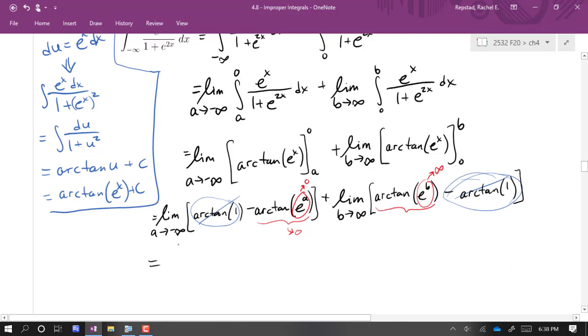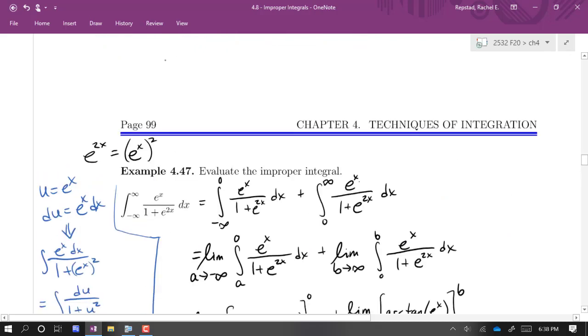So, I'm going to do a little bit of work in the margin up here. We're trying to figure out what happens to arctan of, I don't know, x as x approaches infinity.